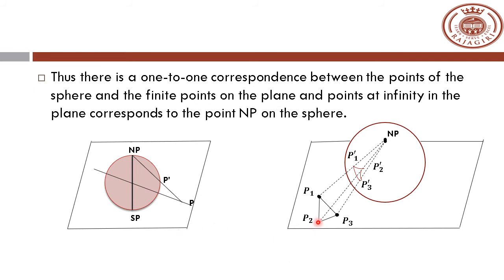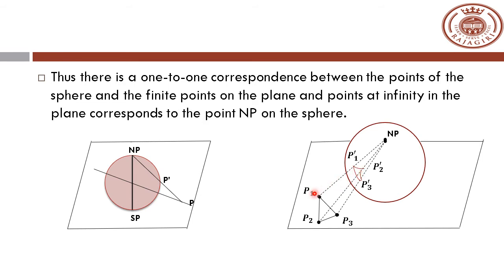Now consider a triangle with vertices P1, P2, P3 on the plane. If you are embedding the triangle on the surface of the sphere, consider a line from P1 to North Pole so that the line intersects the surface of the sphere at P1 dash.